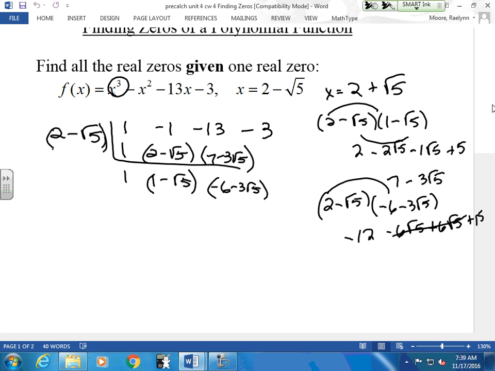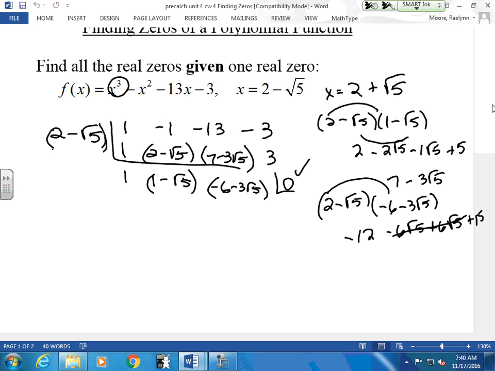So these are canceled out. And what is a negative 12 plus 15? 3. Look at how nice that was. And that's a 0. But that has to come out to be 0. If it doesn't, I say, oh, this mess gets worse as it goes because I did something wrong.